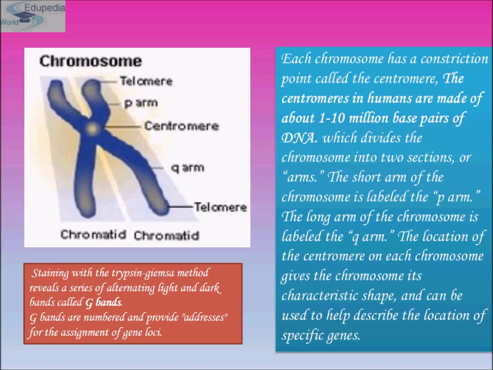Telomeres also play a role in cancer. About cancer we will be studying in detail just after two presentations. The chromosomes of malignant cells usually do not lose their telomeres. It helps to fuel the uncontrolled growth that makes cancer so devastating.